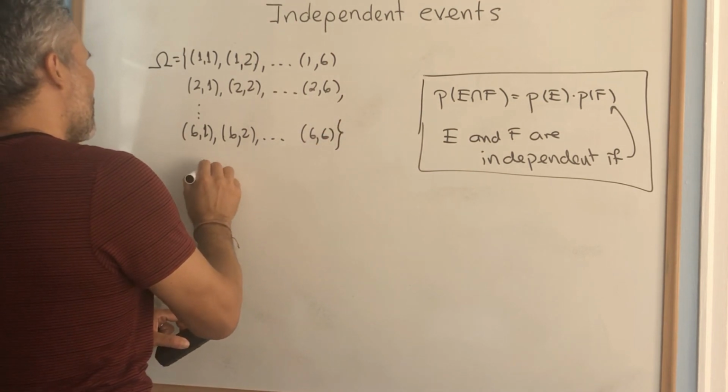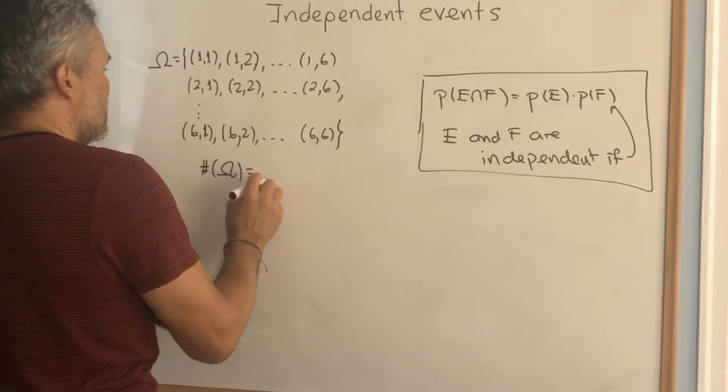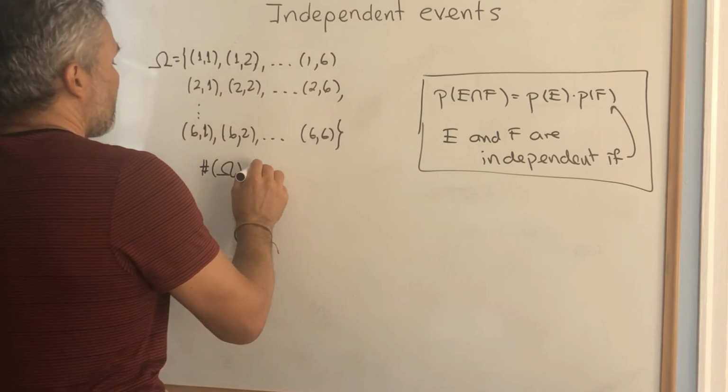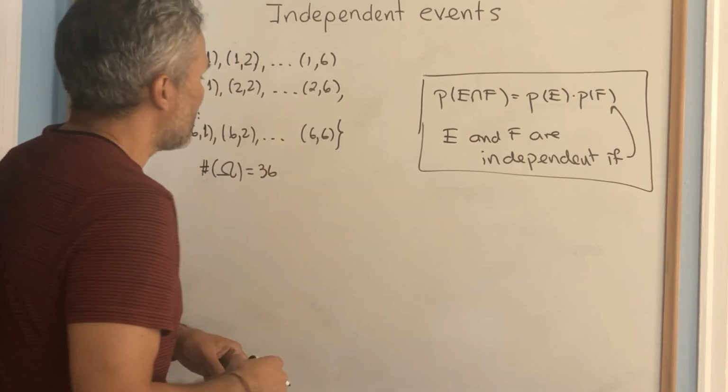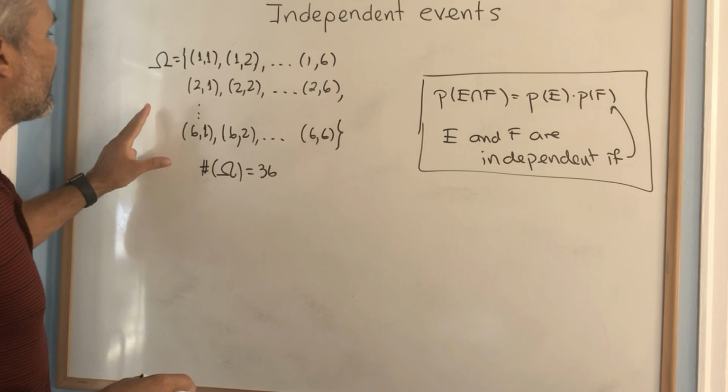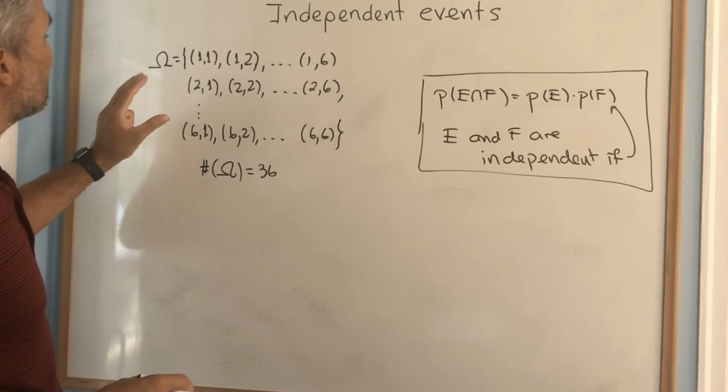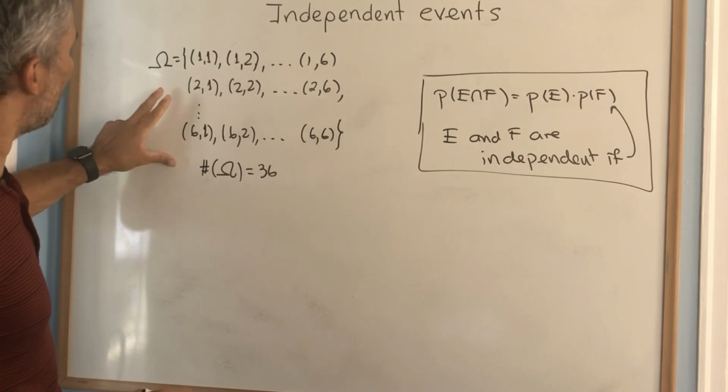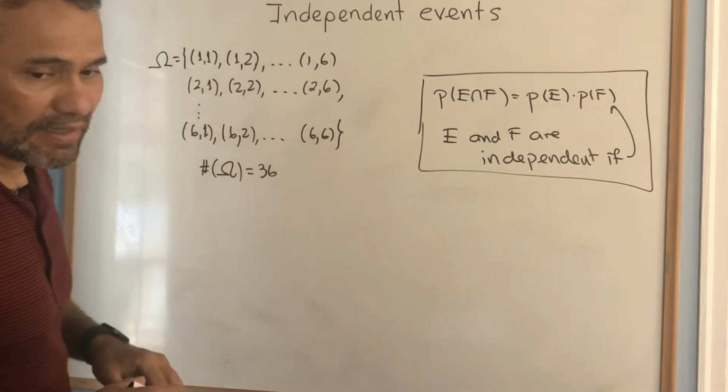Then the number of elements in omega is 36, and let's suppose that we are dealing with 2 fair dice. Then all the outcomes are equally likely.